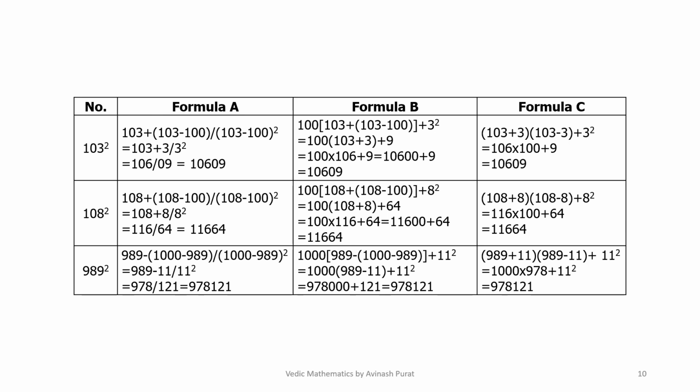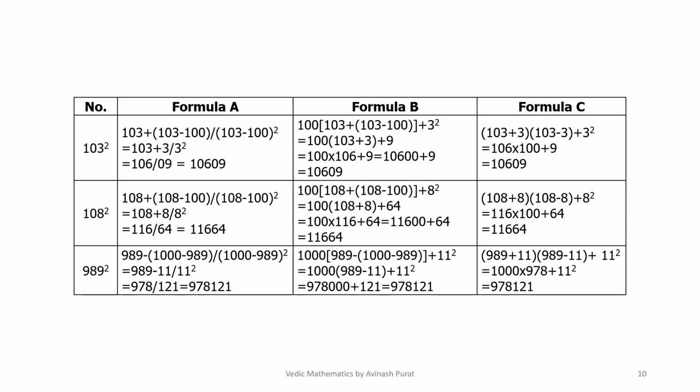Second formula: 100 multiplied by (103 plus 3) plus 3 square, that is 100 multiplied by 106 plus 9, that is 10,600 plus 9, equal to 10,609.